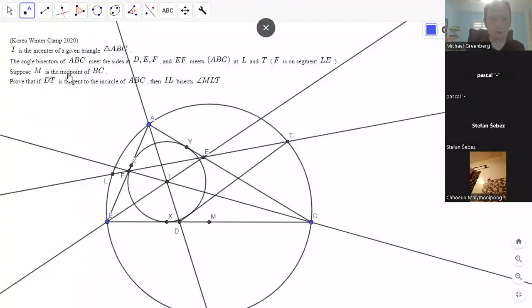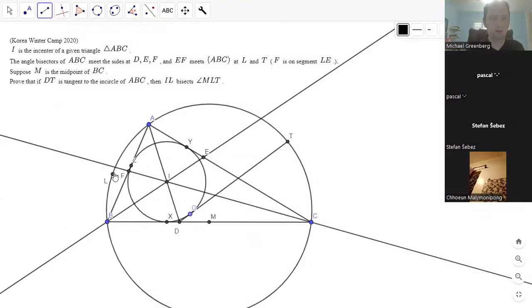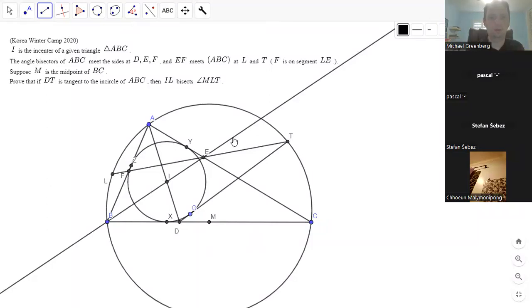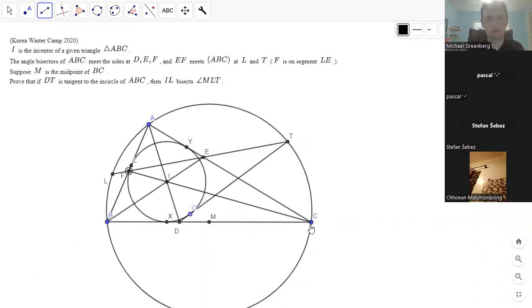So yeah, if they're tangent, I mean, if that's true, then there would be some point such that DX equals DG. So yeah, I could draw the midpoints of the arcs. I don't know if it's worth it. So MLT, let's think about that.